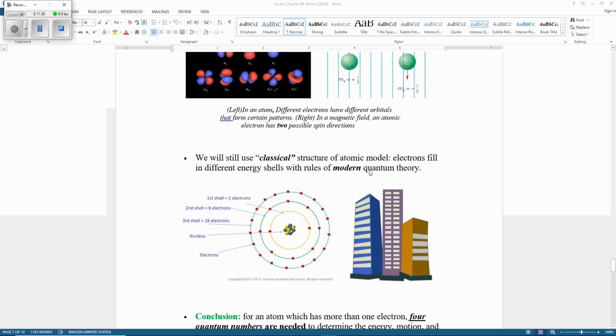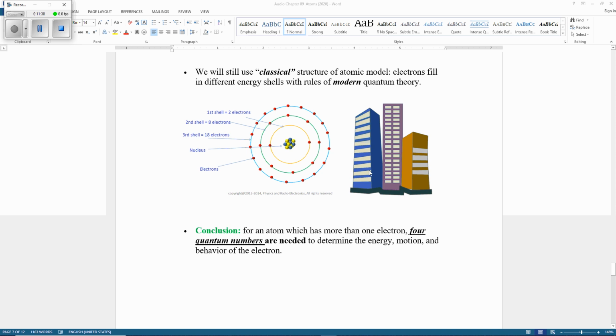So now, we're going to go back to the classical structure because it's easier to understand. Here's the atom. The center is the nucleus, where protons and neutrons stay. Now here's the first circle, the first energy state. If you have only one electron, like hydrogen, it stays right here.